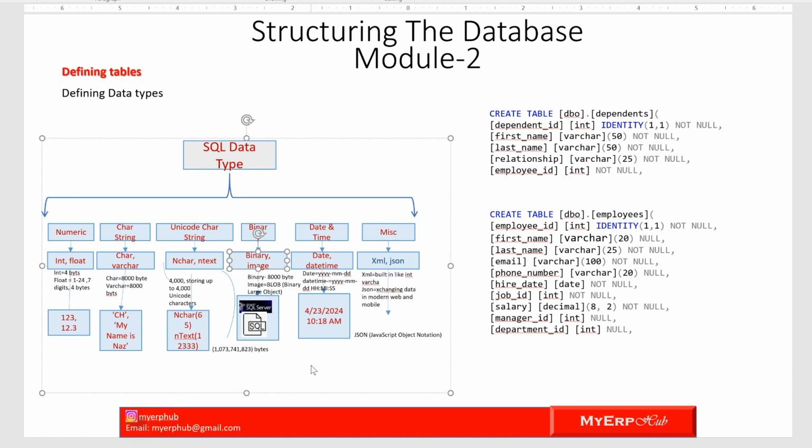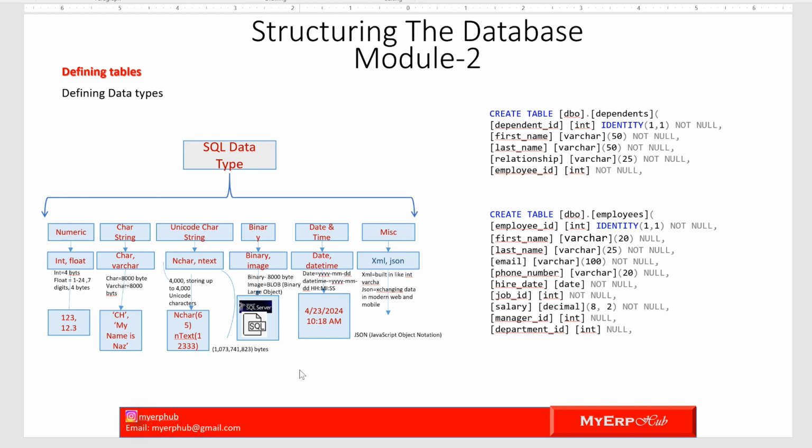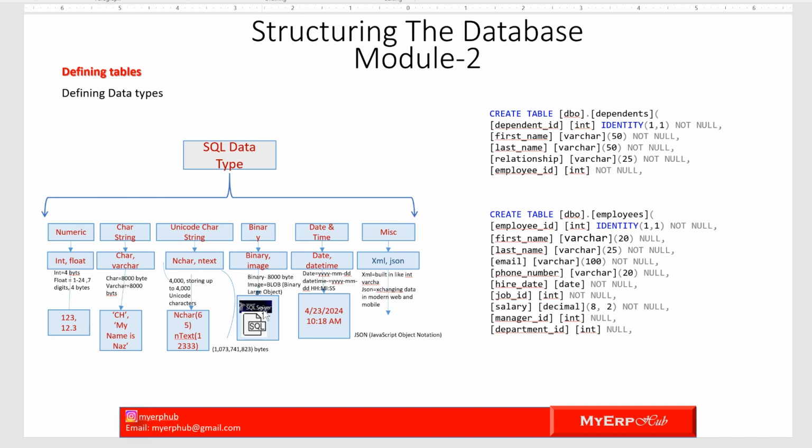Binary is the best fit for storing these images and files. In the image section, images are stored through the BLOB, which is the binary large object. So whenever you are trying to store an image, you need to use BLOB. We will come back when we explore all these data types in the coming sessions, and I will give you detail with practicals.